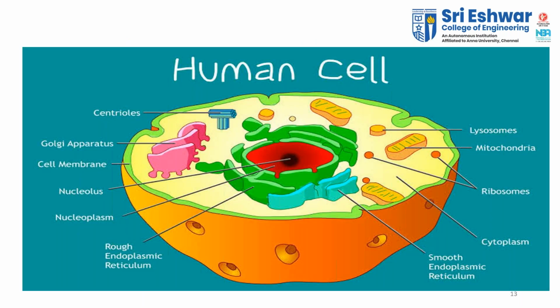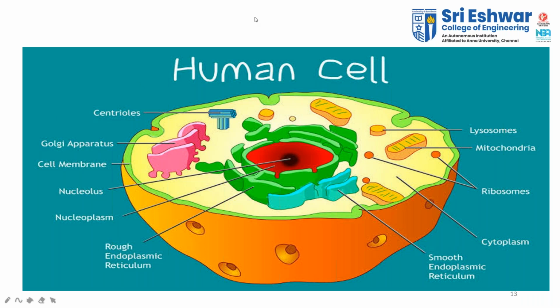And followed by that, we have the human cell. In the human cell, we have rough endoplasmic reticulum, nucleoplasm, nucleolus, cell membrane, Golgi apparatus, lysosomes, mitochondria, ribosomes, cytoplasm, and smooth endoplasmic reticulum.